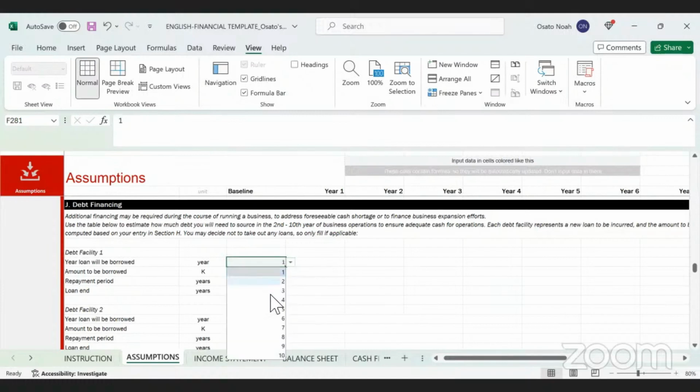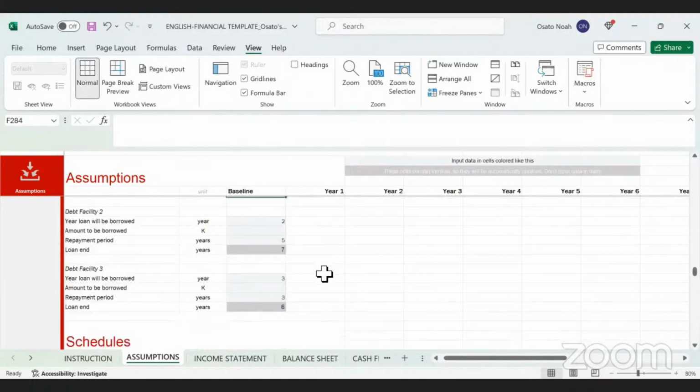Once you say, I'm picking the loan in year 4, it tells you when you have to pay back because you said the repayment period is 5 years. You can also say the repayment period is 2 years, and once you say 2 years, it also adjusts. So the only things you can adjust here are the debt, the year the loan will be collected, as well as the duration over which you will pay back.